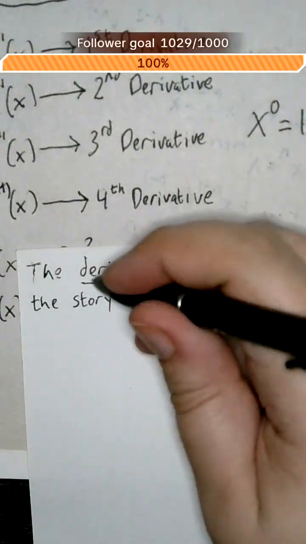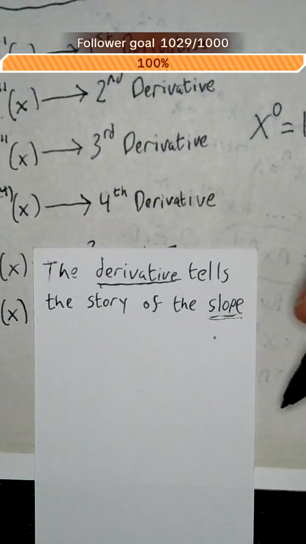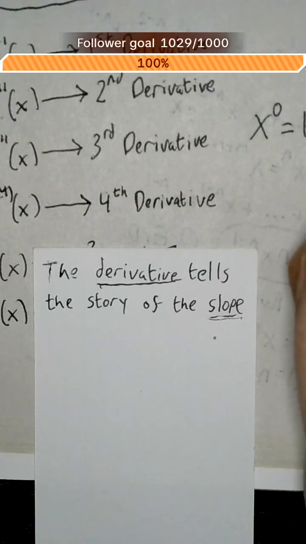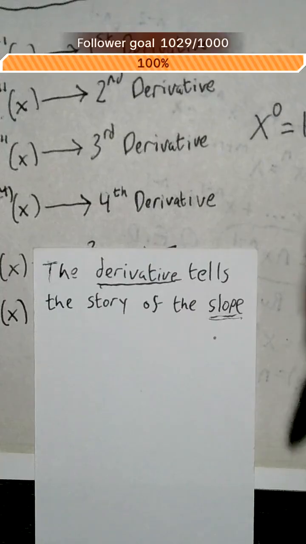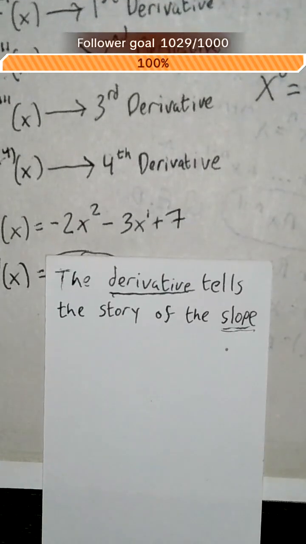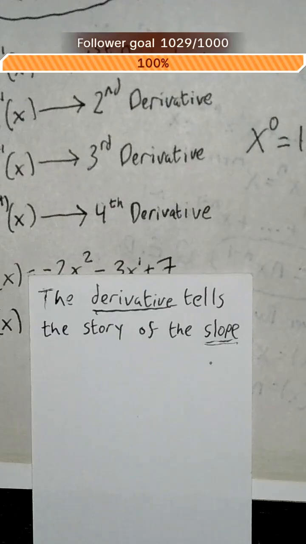In fact, the derivative is the slope of the tangent line. Is the derivative the same as the tangent line? It's the same as the slope of the tangent line. Remember, the tangent line is its own equation, but the derivative is going to give us the slope of that line at any point, because the tangent line touches the function at one place.